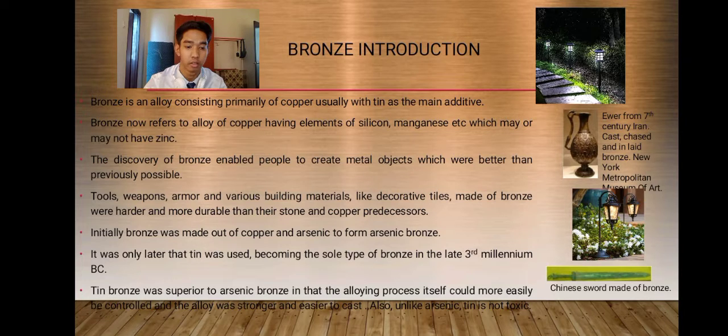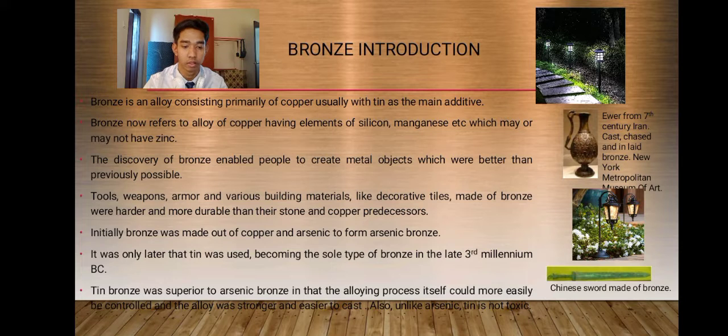Third, the discovery of bronze enabled people to create metal objects which were better than previously possible. Next, tools, weapons, armor, and various building materials like decorative tiles made of bronze were harder and more durable than their stone and copper predecessors.